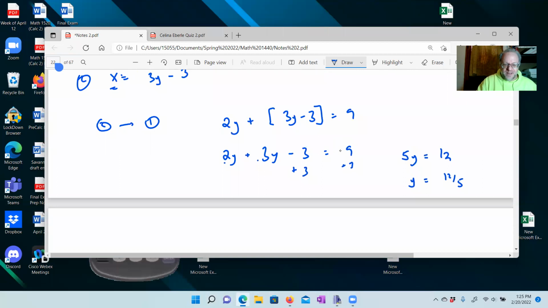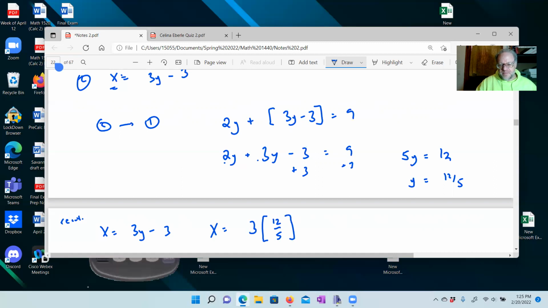So x, recall, x was equal to 3y minus 3. Recall, equation 2. So all we're going to do is say x is equal to 3, what the heck was y? Y was 12 over 5, right?